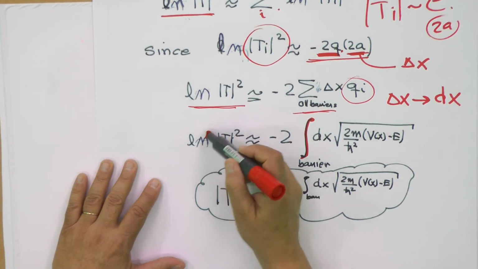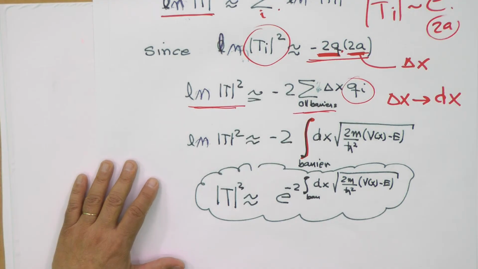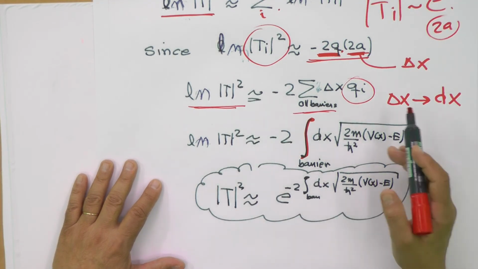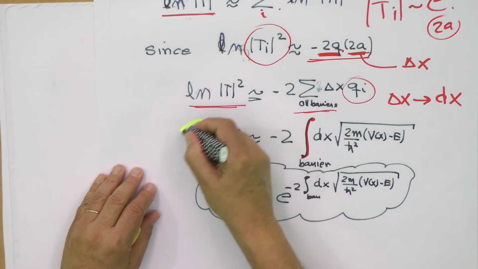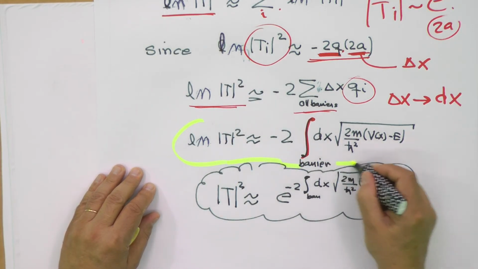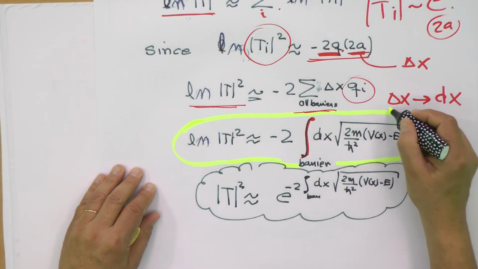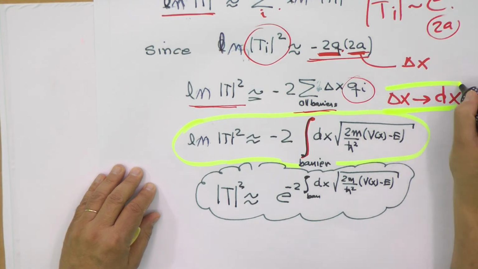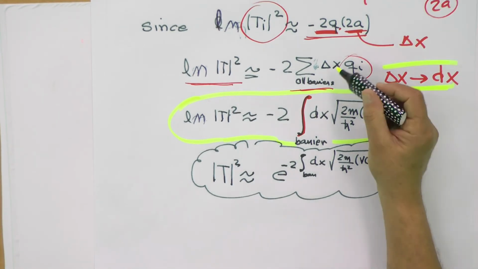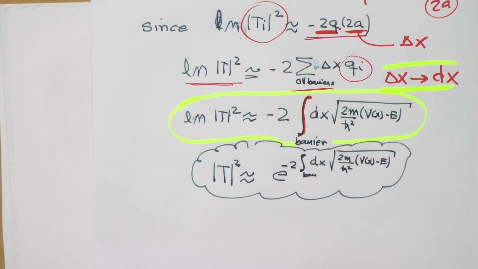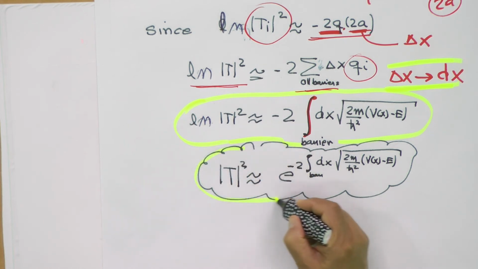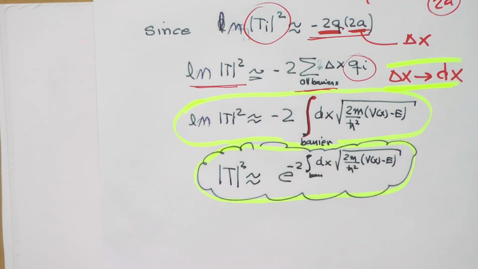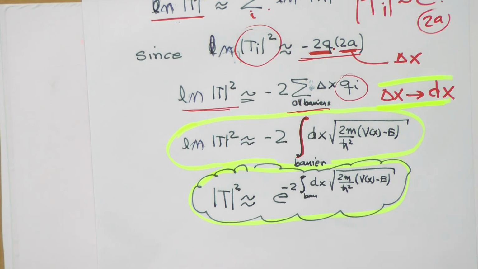So the logarithm of T squared, which is the total transmission coefficient, is given by the integral, which is the sum, but I transformed it into an integral because I made the barriers very tiny, with width basically dx. Then I just invert the logarithm, and I get that the transmission is the exponential of this integral.